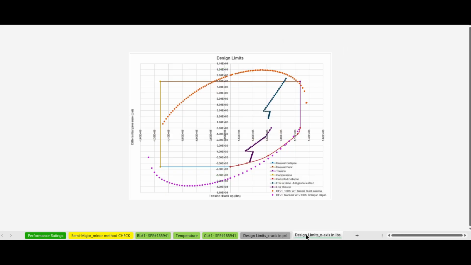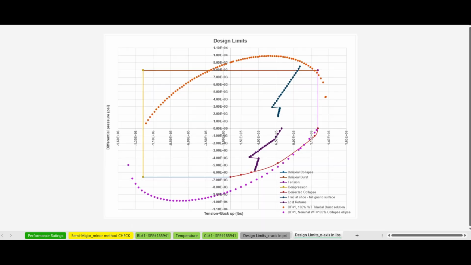What I did is plot the same one with pounds as the x-axis. So it's basically the tension plus the backup. You can see the collapse load case and then the burst load case. They don't change their corresponding region here. So your delta P is still delta P.